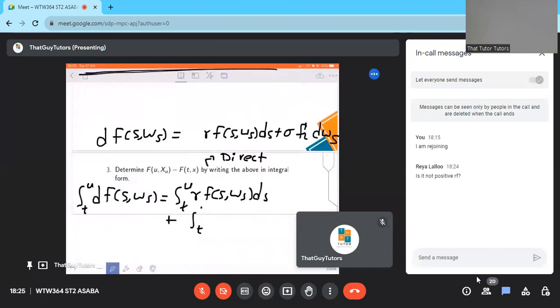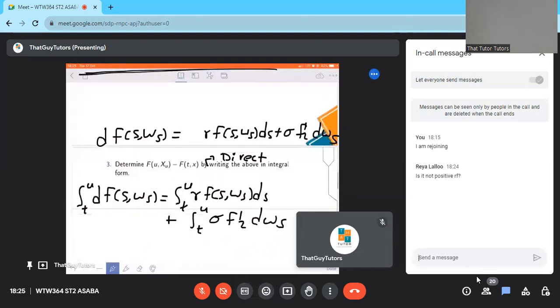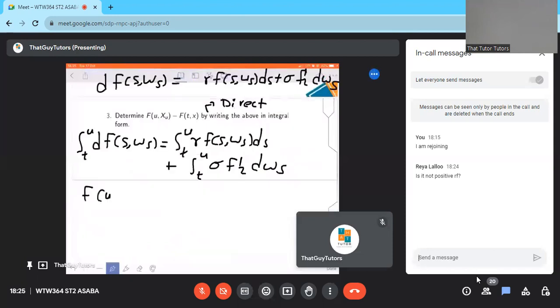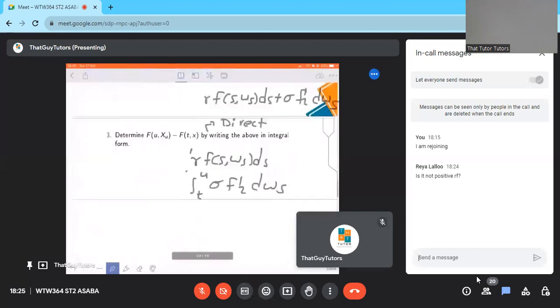To find your solution here, you just have f of u. Okay, f is a function of x.